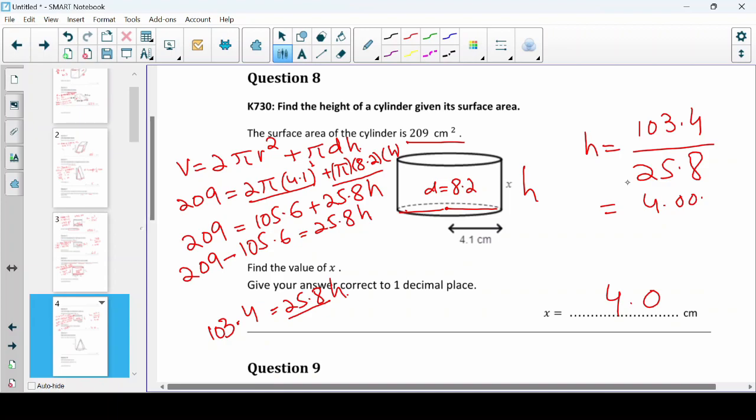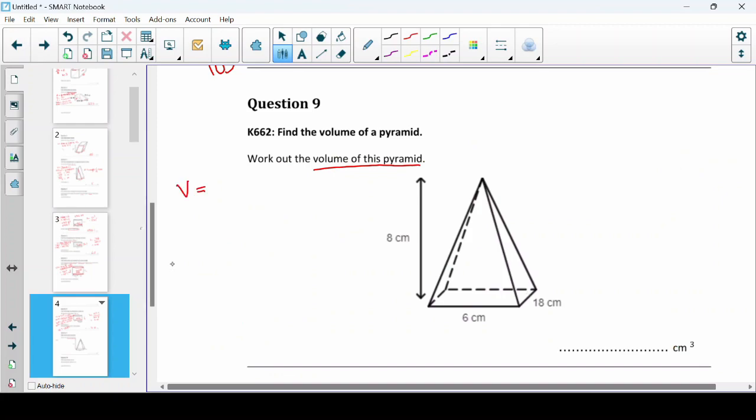There's one more question, and in this question, work out the volume of this pyramid. So we have to find the volume of the pyramid, and the volume of the pyramid is like we have to find the area of the base, and then it's 1 over 3 times base area times its vertical height.